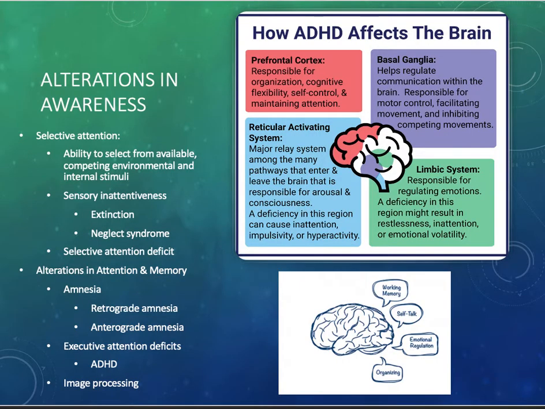All right, so different alterations in awareness are next. First off, selective attention. This is your ability to select from available competing stimuli. As you watch this video, you're listening to me, but there could be sounds in your periphery that you are tuning out.